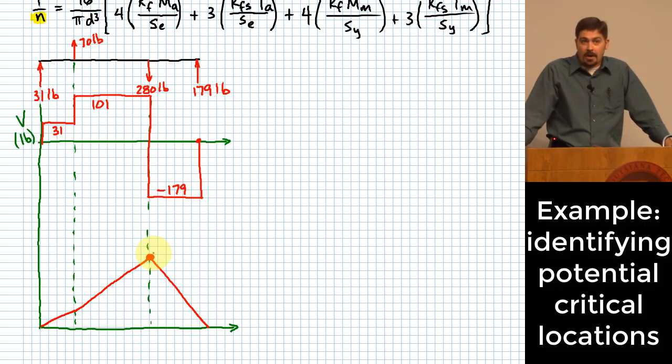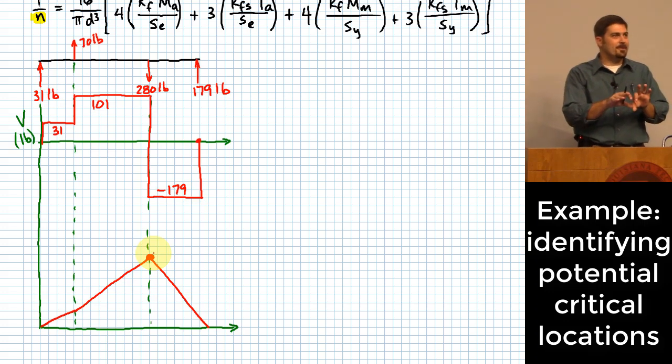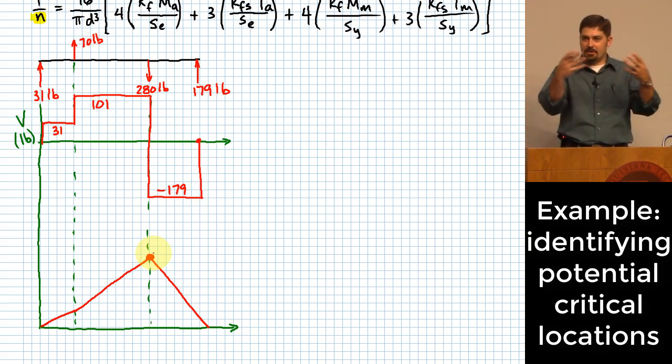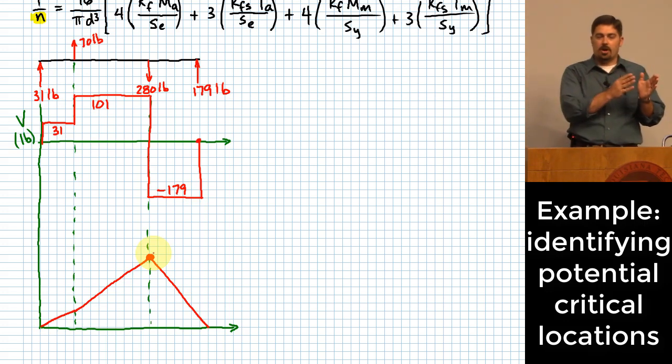Okay, not always, right? Because what's another factor that matters? Shaft diameter. Okay, you can have a lot bigger bending moment and still be okay if you have a very large shaft, right? Or a very large component of any kind. Generally, the larger you make it, the less stress it's going to have in it. And stress is going to be the thing that causes the failure, not just bending moment, okay?